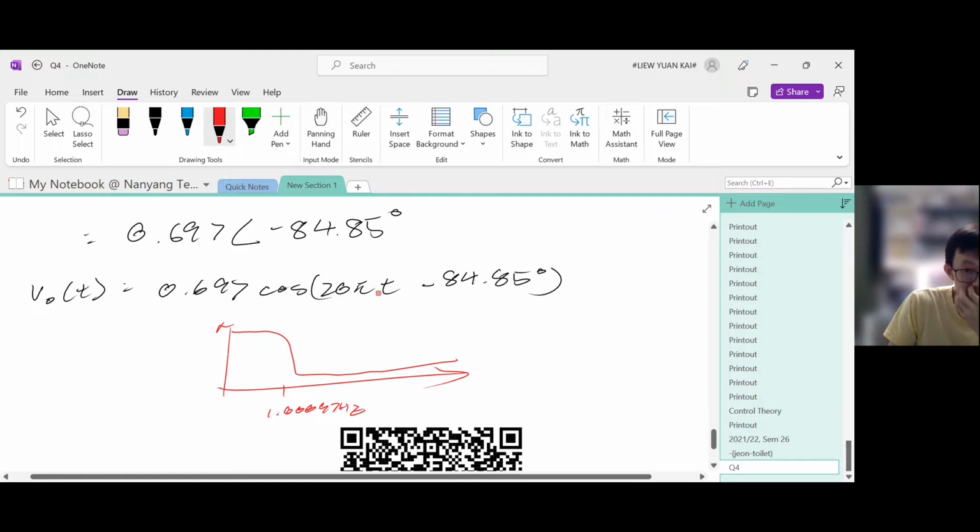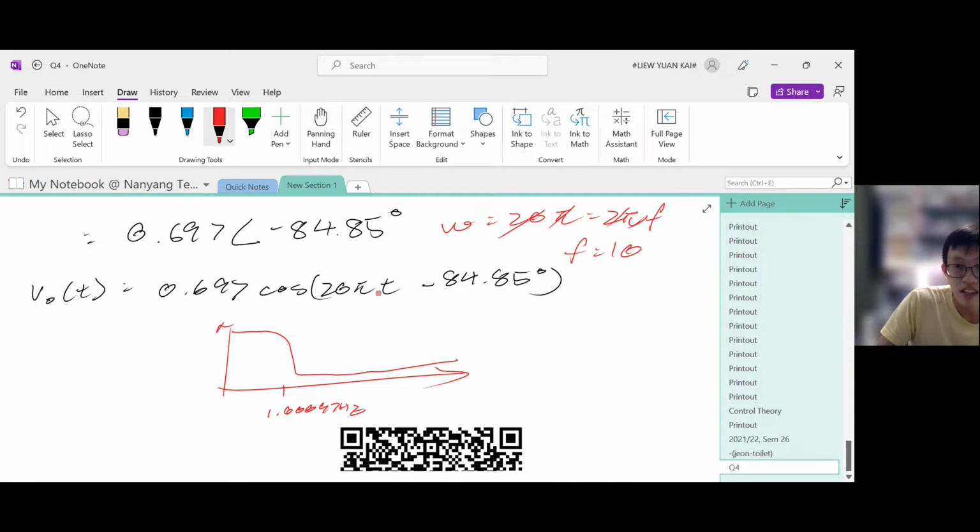So that means beyond this, it will start to drop. Now, what is this frequency? This is omega. So omega is 20 pi, which you know is 2 pi f. So what's the frequency in hertz? This will be 10 hertz.